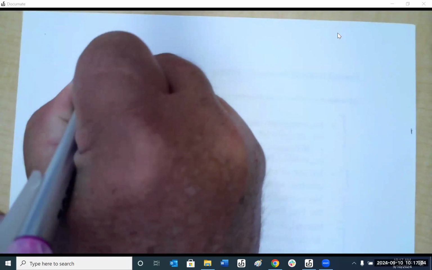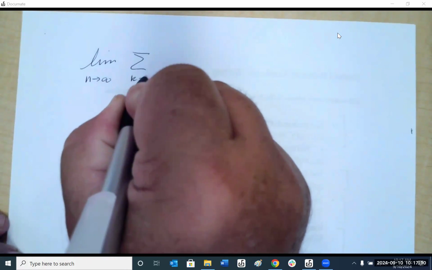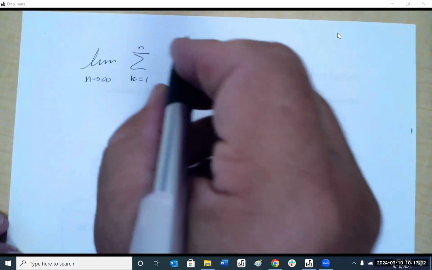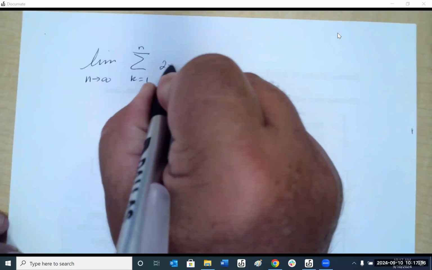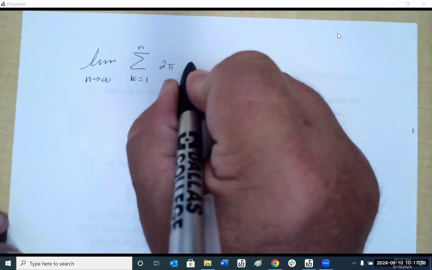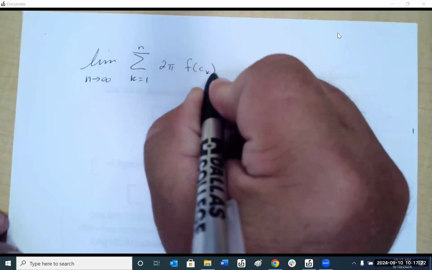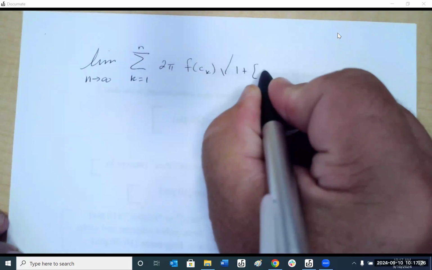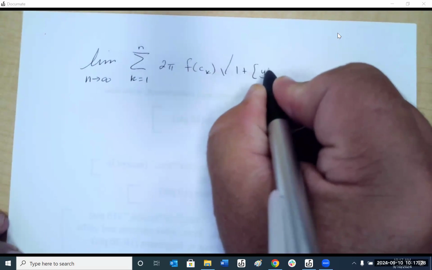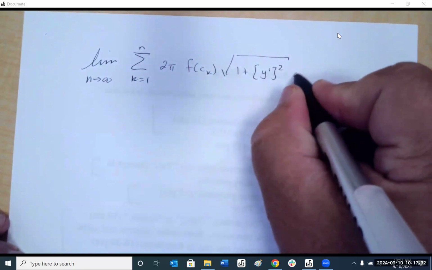So the limit as n goes to infinity of the summation as k equals 1 to n of 2 pi f of c_k times the square root of 1 plus y prime squared, delta x.